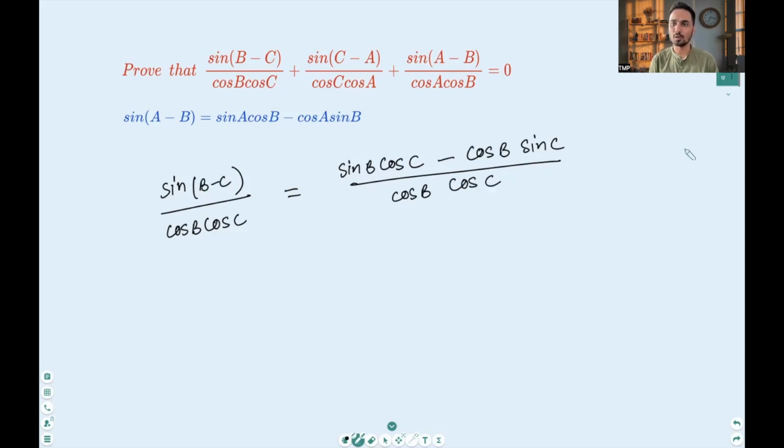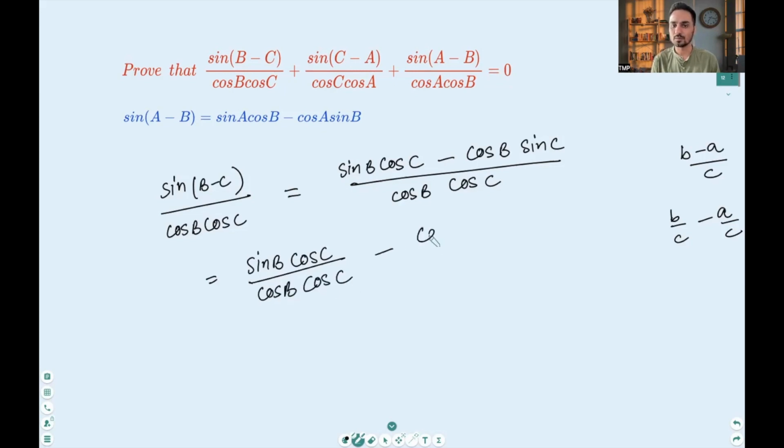Now, this is in the form of (b minus a) over c, which can be written as b over c minus a over c using fraction rules. That means we can split the terms here. So if we split the terms, we'll get sine b cos c divided by cos b cos c, minus cos b sine c over cos b cos c.